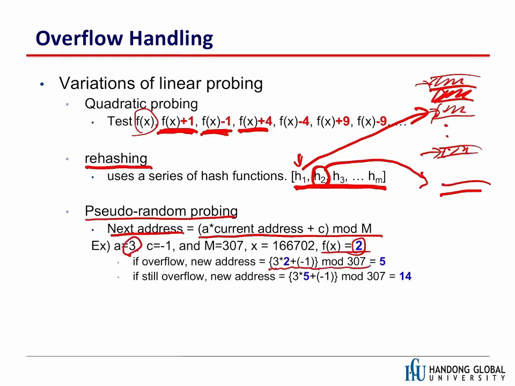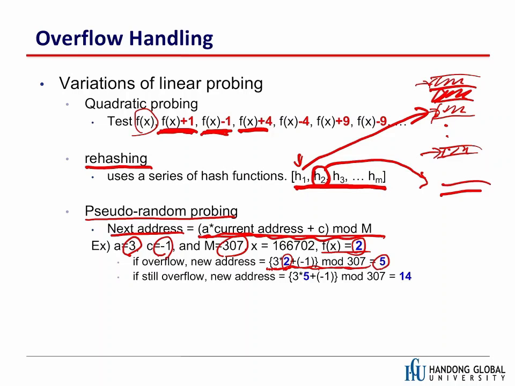So we fix this A and the C and the M. M is basically the number of buckets. Okay, then A is 3 and f(x) is 2 and C is -1. So we just implement these simple equations. Then the next bucket should be 5.